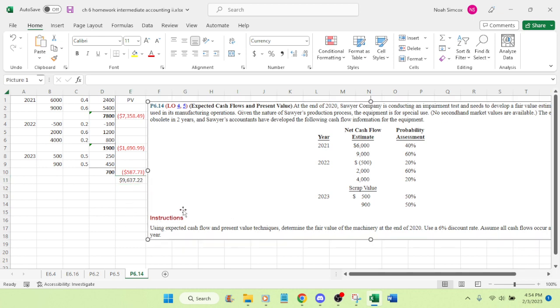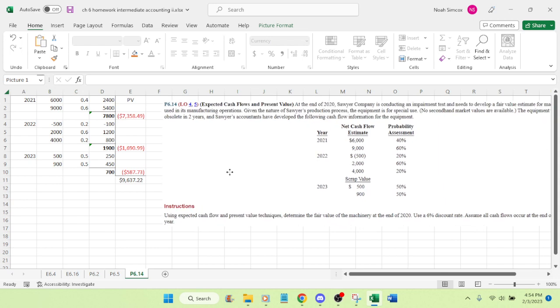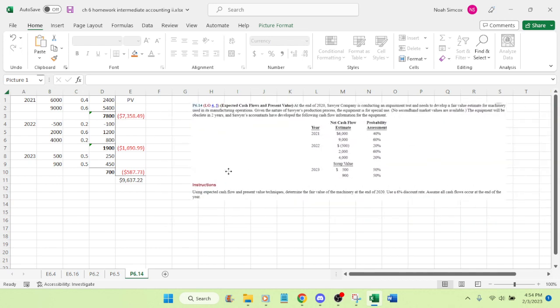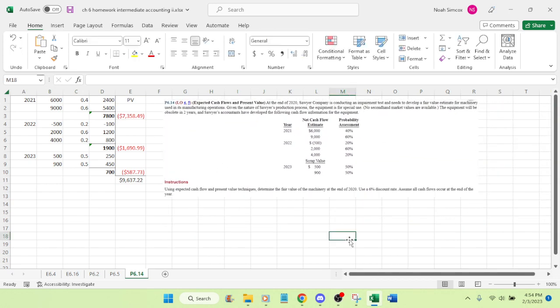What is the question? So the question was, determine the fair value of the machinery. So this is the answer.